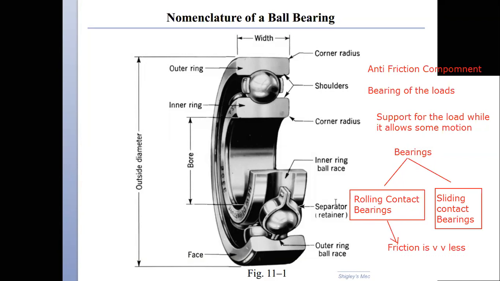हाँ, इस किस्म के bearings, these types of bearings, they are also called anti friction bearings, and this is the name that has been given to these when these bearings were first developed. लेकिन this is a misnomer.